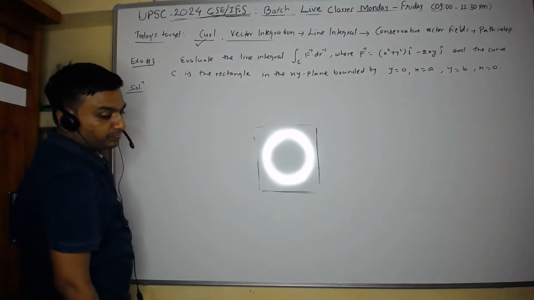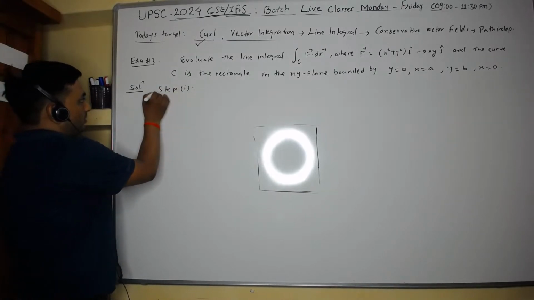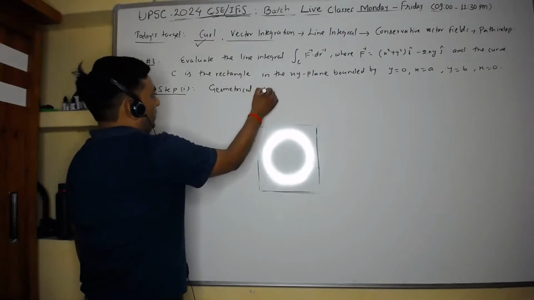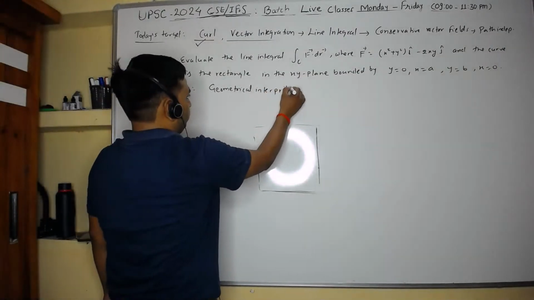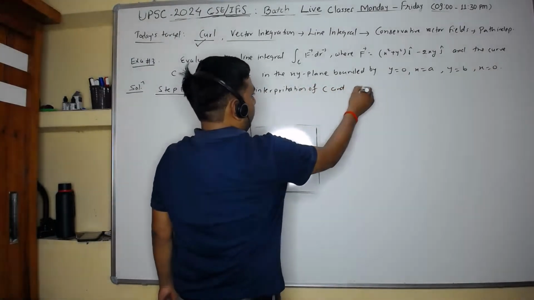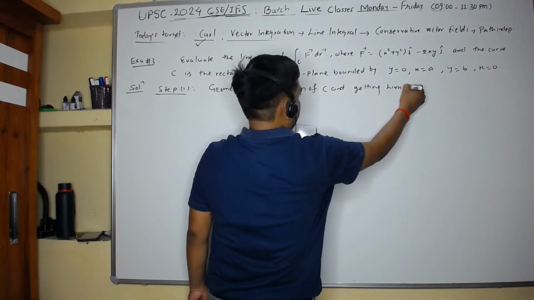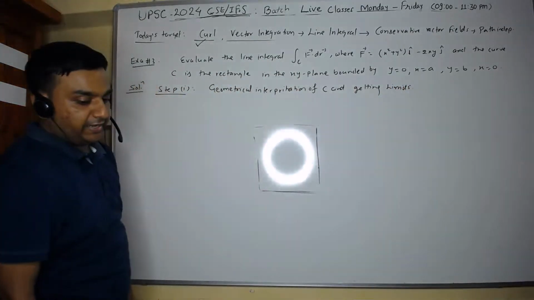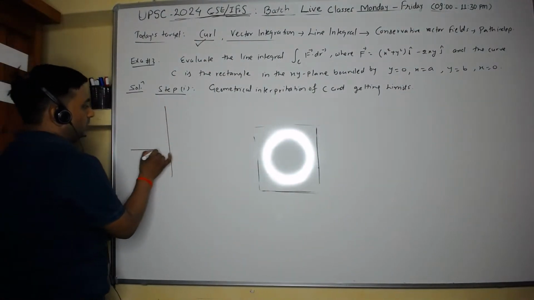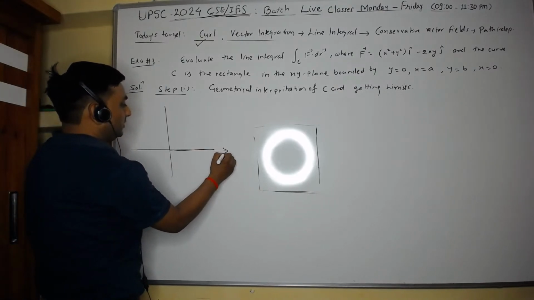Let's go. So what is step 1? Geometrical interpretation of C and getting limits. Whenever you are calculating the line integral, your job is this. So what is the C? Where does y equals 0 lie? On the x axis.